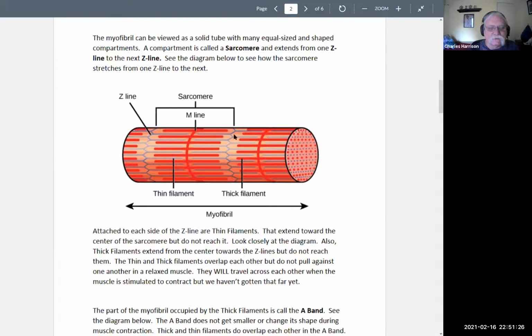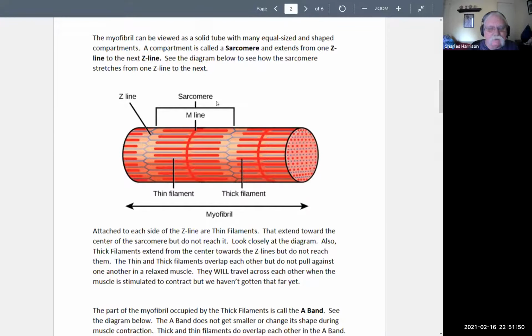Here's another Z line. And there are hundreds of these going down the length of the myofibril. That's how long it is. From one Z line to the next is a sarcomere. A sarcomere is simply a compartment.